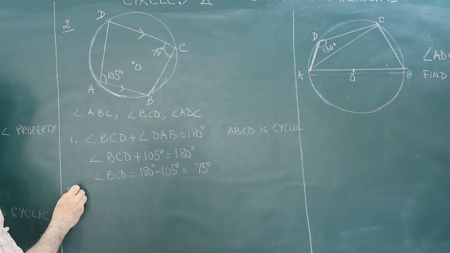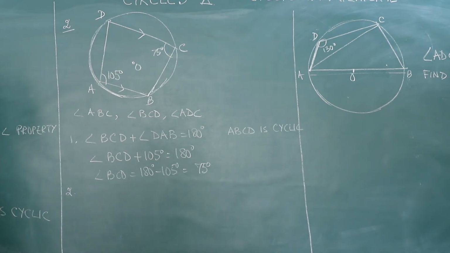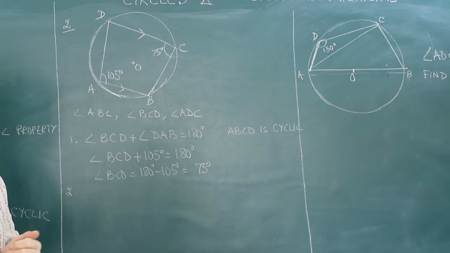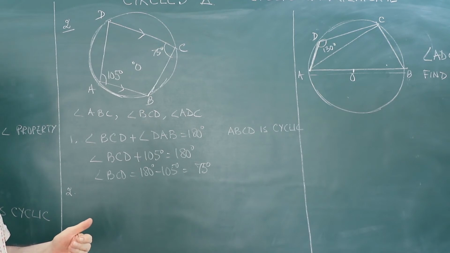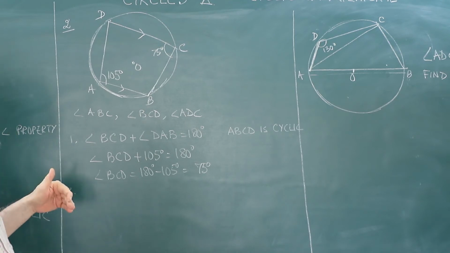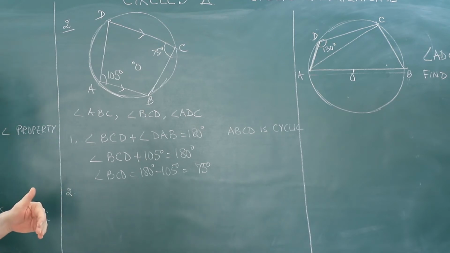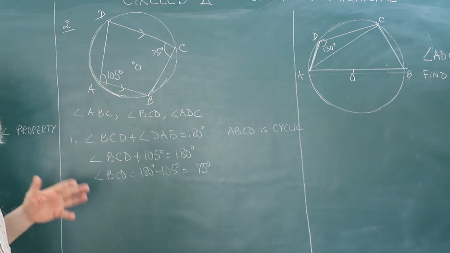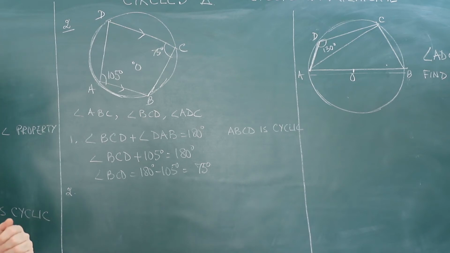Now, let us apply the property of parallel lines, because for finding out these two angles, I'll have to apply the property of parallel lines. And what is the property of parallel lines? If two lines are parallel and a third line cuts them, then co-interior angles are supplementary.